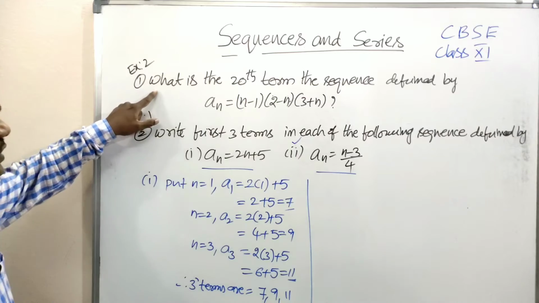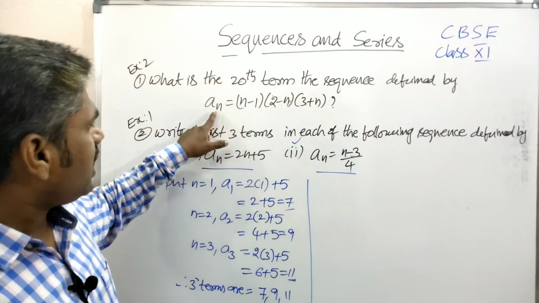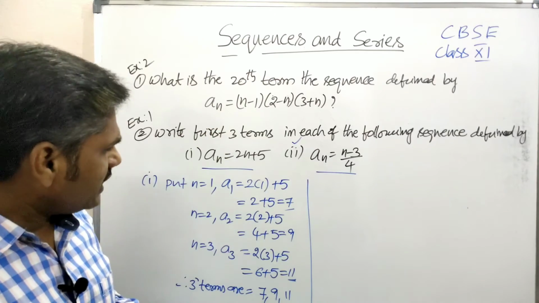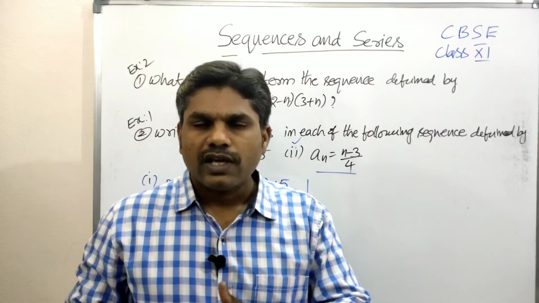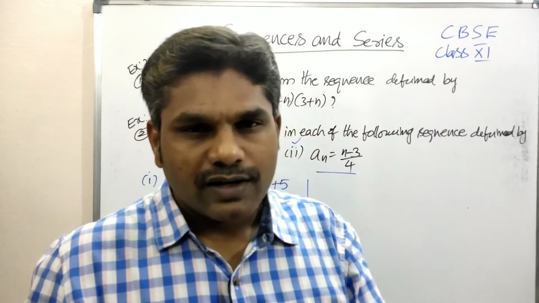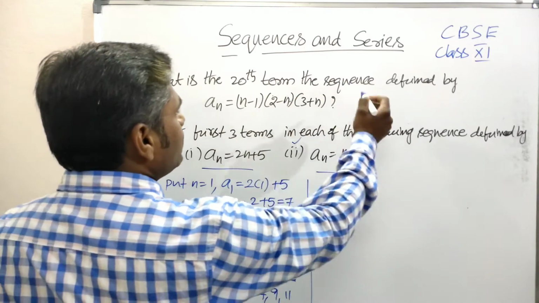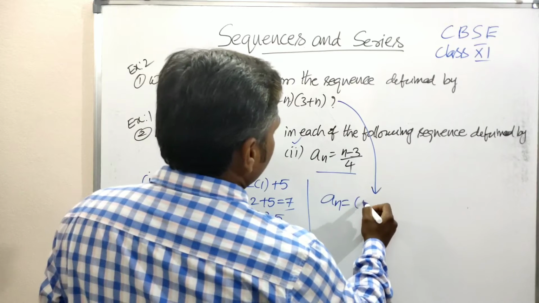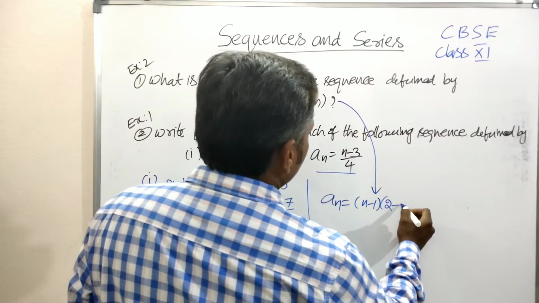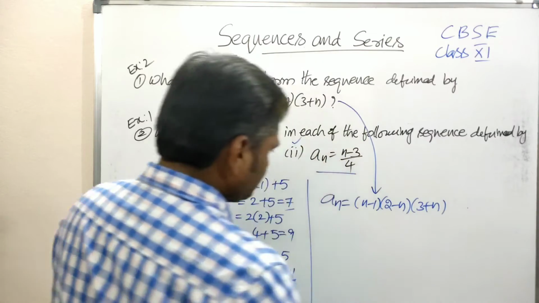Coming to example 1, what is the 20th term of the sequence defined by? They have given you the nth term. Instead of asking the first 3 terms or first 5 terms, they are asking a particular term, that is term number 20. I am solving this. an is equals to (n minus 1) into (2 minus n) into (3 plus n).